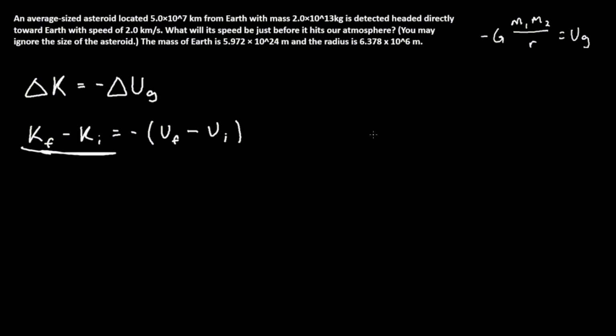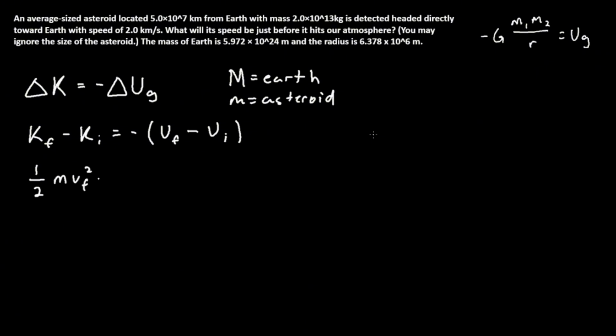The kinetic energy we're talking about is the kinetic energy of the asteroid. So we'll represent the mass of Earth with big M, and the mass of the asteroid with little m.